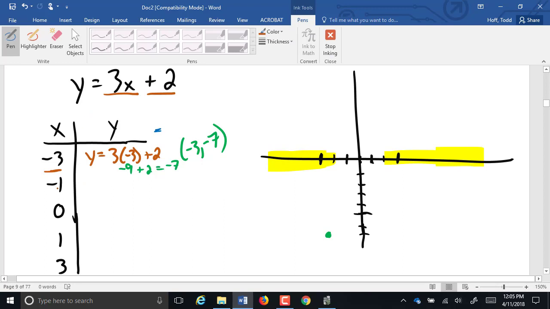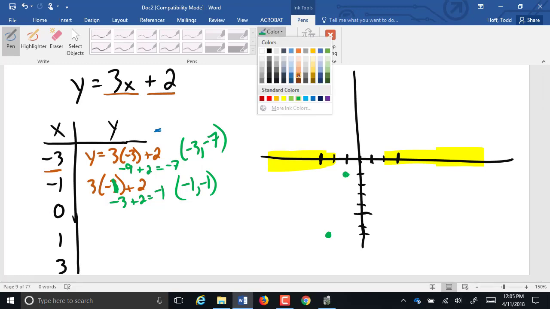If x is -1, y would be 3 times -1 plus 2. 3 times -1 is -3, plus 2 is -1. That gives us the ordered pair when x is -1, y is also -1, right there.